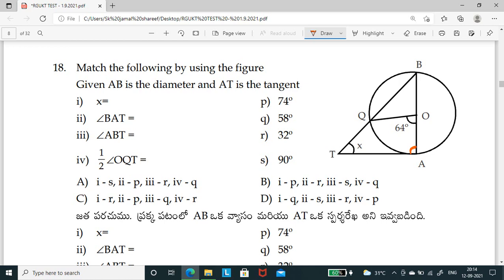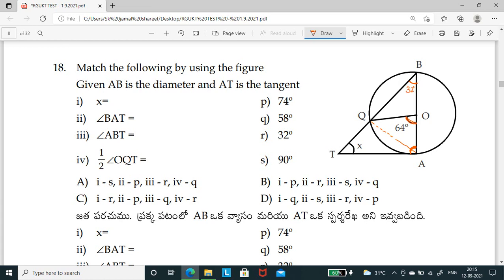Next, since this is a tangent, this angle is 64. If I join these two, then this acts as a chord. At the center, if it is making a 64 degree angle, the same chord will make half the angle at the circumference. Then this angle is 32 degrees.